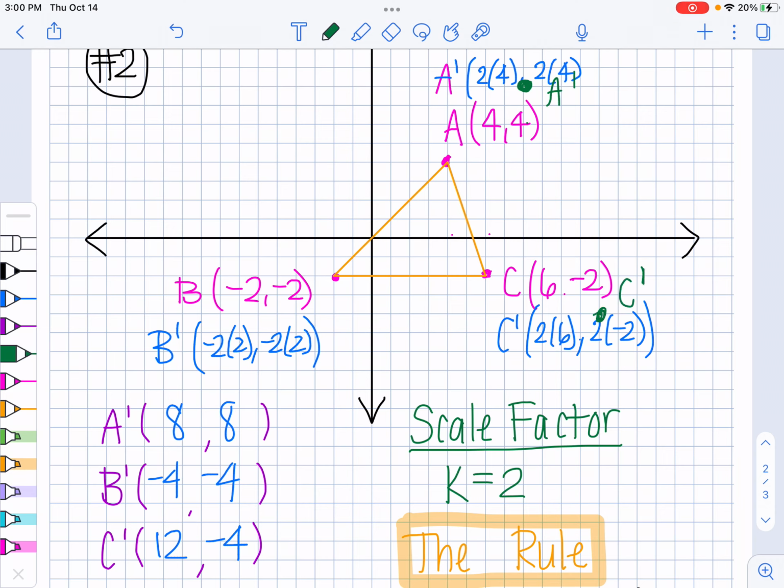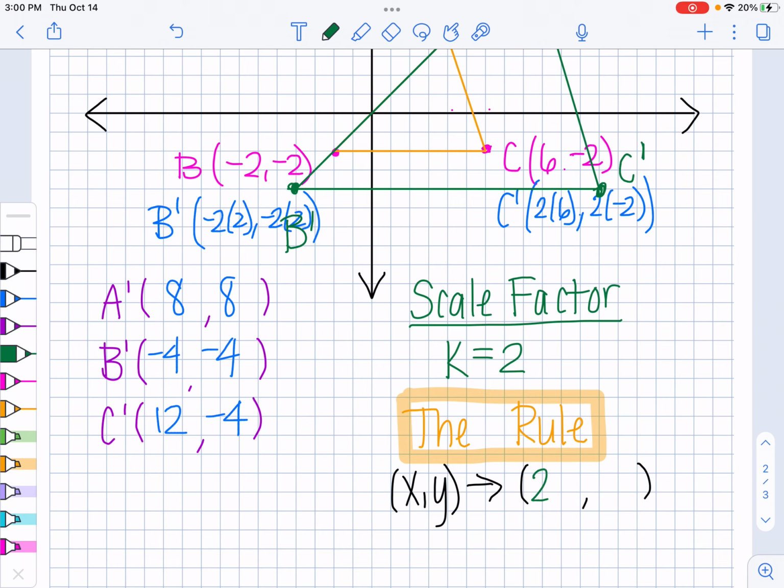Here's C prime. And B prime is negative 4, negative 4. Here's B prime. You can see that this shape is twice as big.